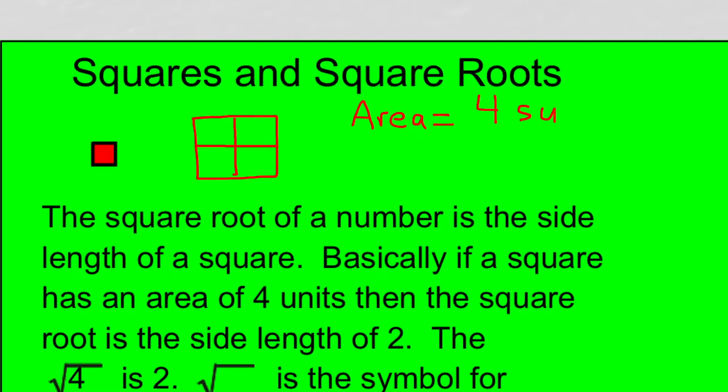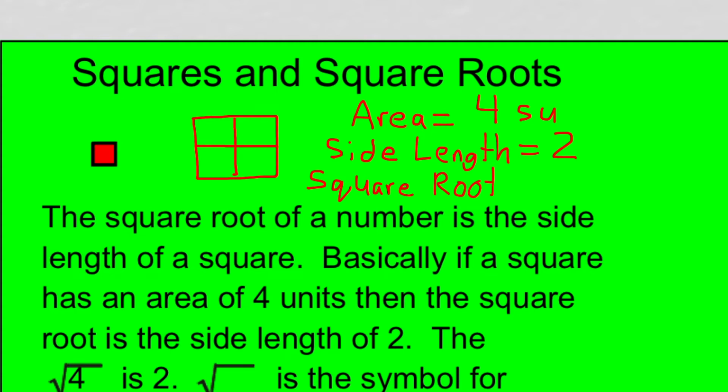And we already know that the side length of this square is equal to 2, okay? And what we also said is that the square root of this square will be equal to 2, because this is a 2 by 2 square.